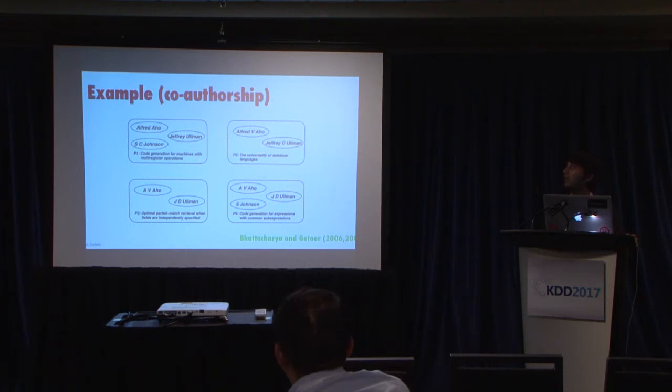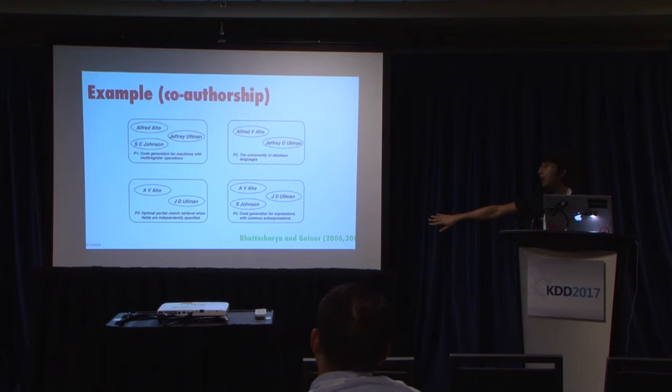Ullman, and then in the third one, it's J.D. Ullman, and then you have A.V. Aho, and then Johnson and so on. If I link an author in paper 1 and paper 2, and I link an author in paper 2 and paper 3, and I do that for several authors, and these authors are co-occurring, then I can use that to do this collective graph propagation.